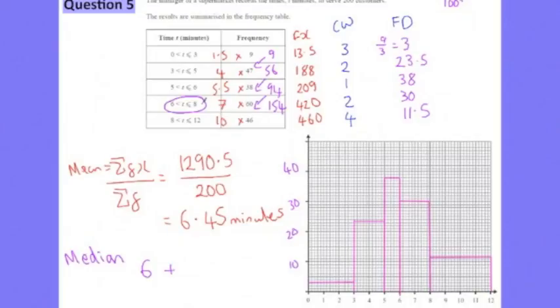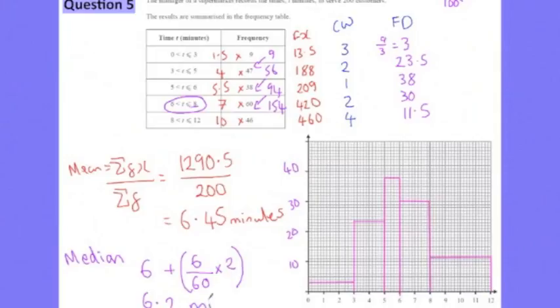So we're 6 into the group, divided by the total of the group, 60. And then we multiply by the size of the group, the class width, which is 2. And this is going to be the additional proportion, the additional amount into the group. So we have our answer here of 6.2 minutes.